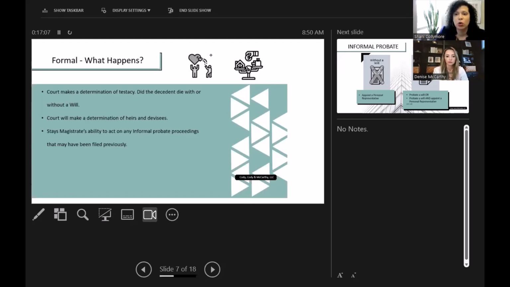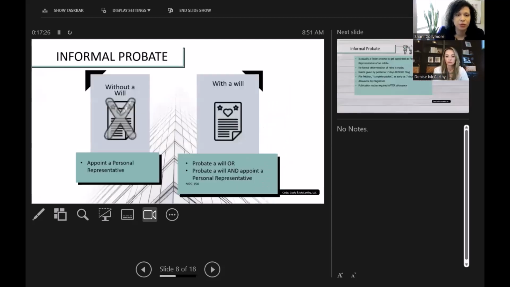And devisees is who you've named in your will. So the court will make a determination of who those people are based on your filings. And that can only happen in the beginning during a formal process. In an informal process, they don't make a formal determination of heirs. So that's what that is.